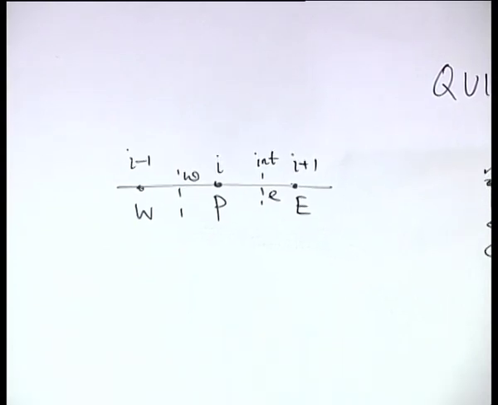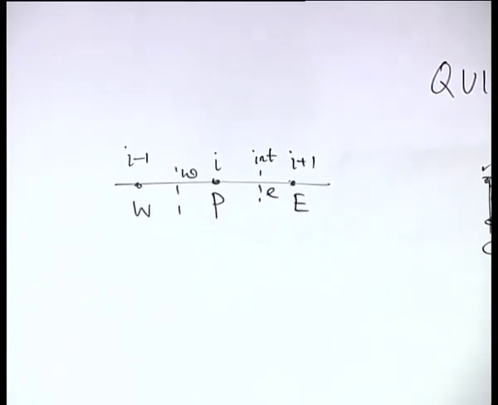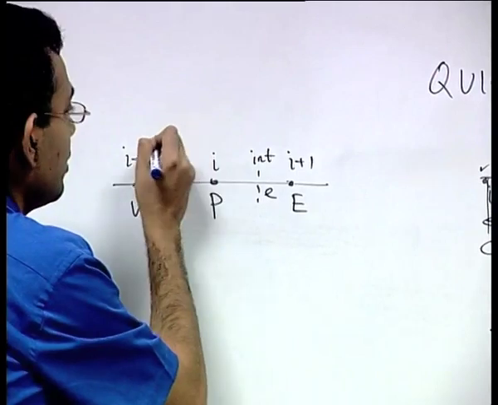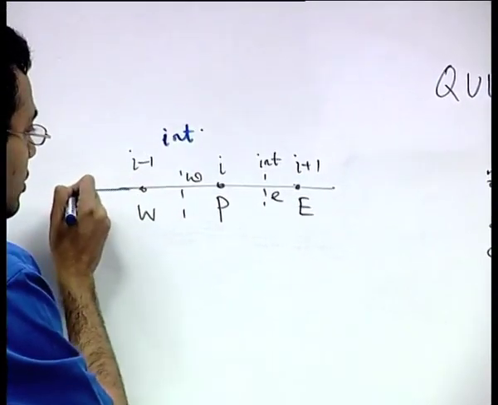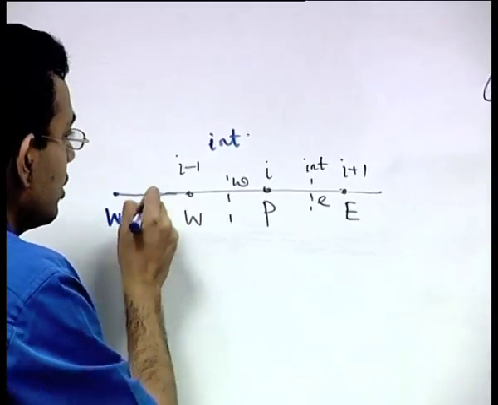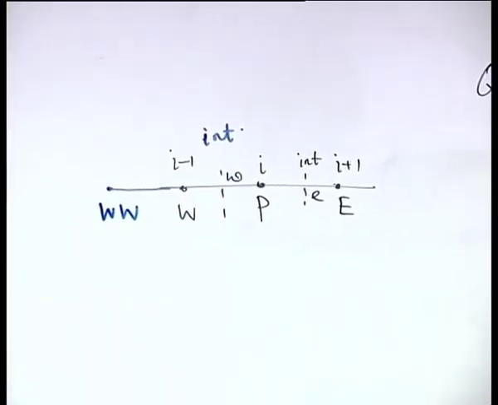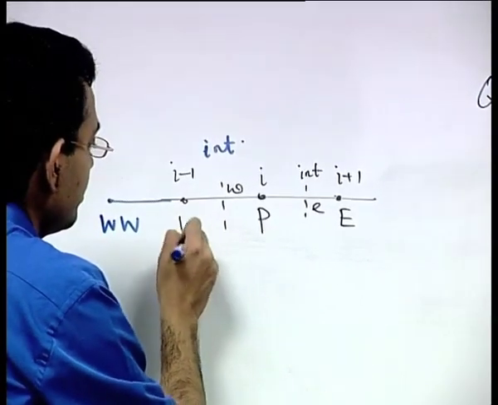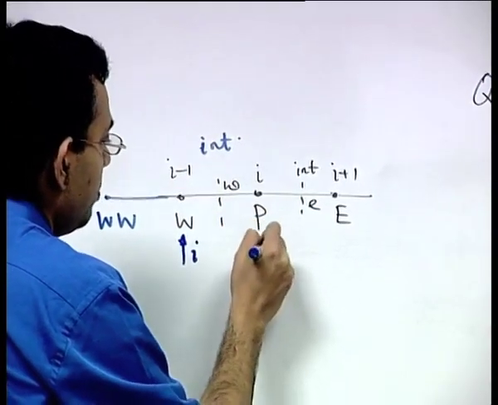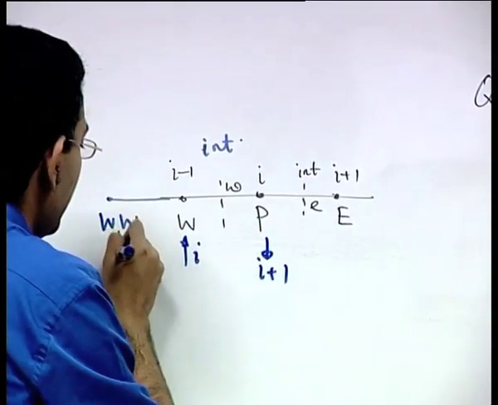On the other hand, if this is the interface, then you require another grid point WW, where this is I plus 1 and this is I minus 1.